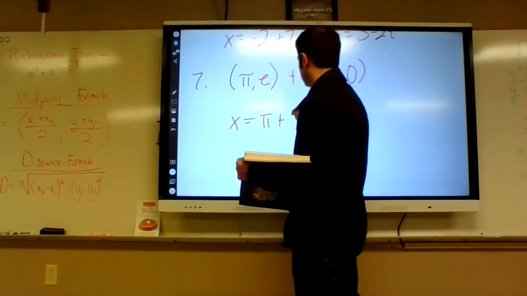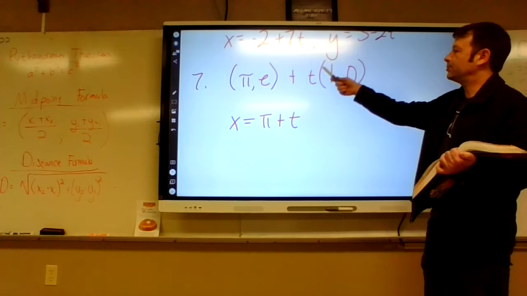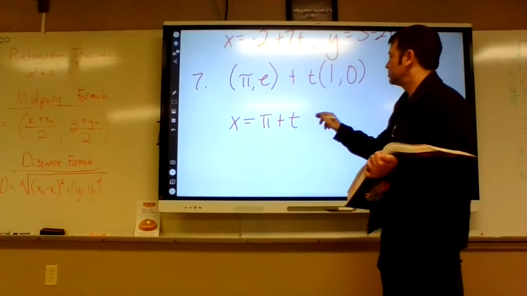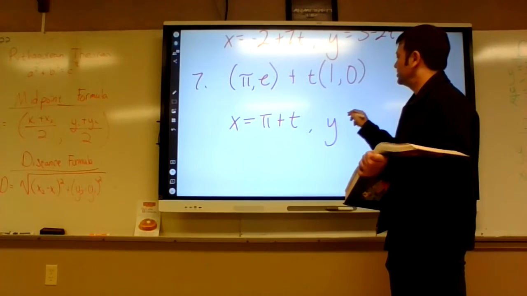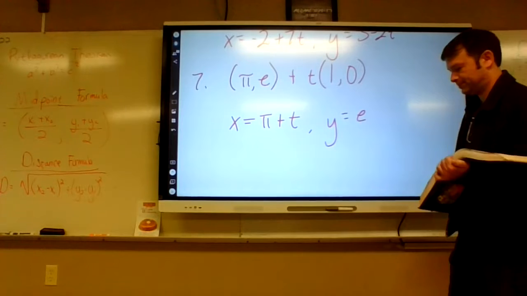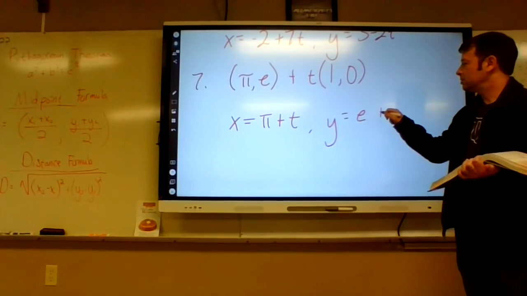That's just gonna move us in the horizontal direction. Why isn't it e plus t? It's e plus 0t. Anything times 0 is 0.